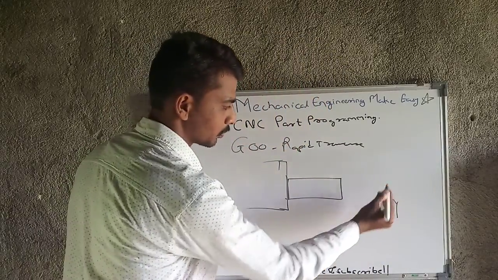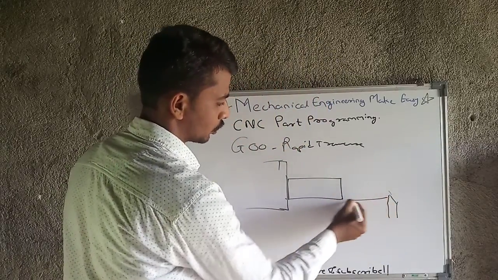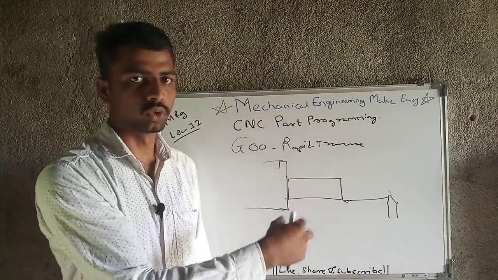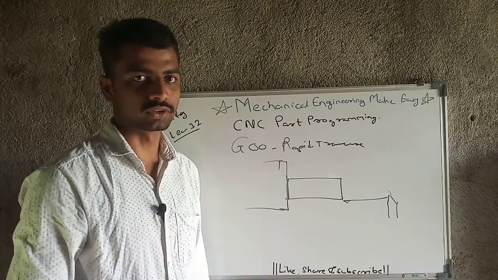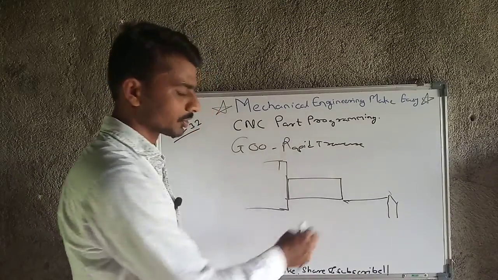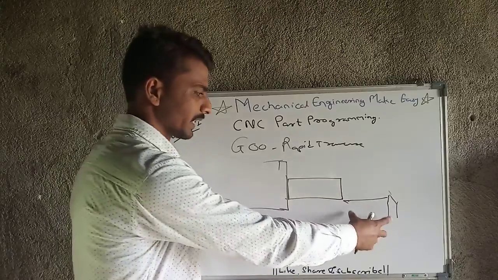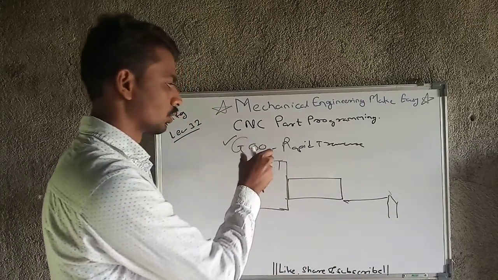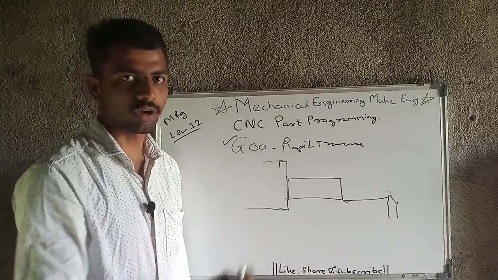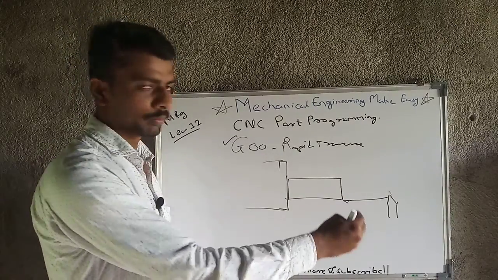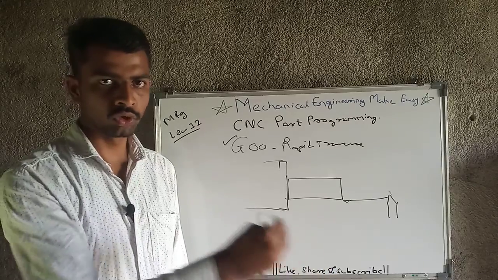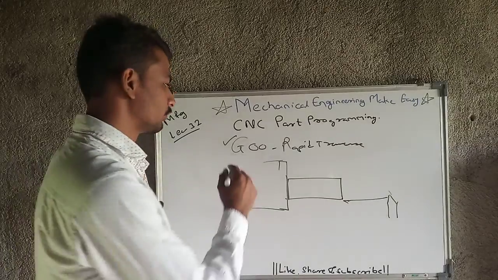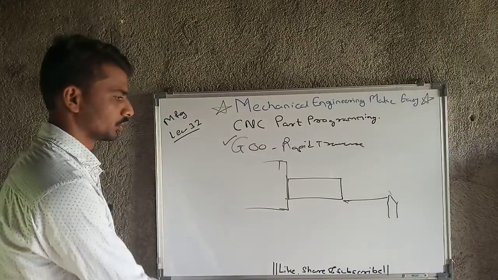From this point to this point the tool has to move, and in this case the tool does not have to do any cutting operation. So we can increase the speed much higher so that we can save time. For that case the G00 code is there. If there is an empty movement, where we only have to move the tool from one location to another without any cutting action, then we use the code G00, that is rapid traverse.